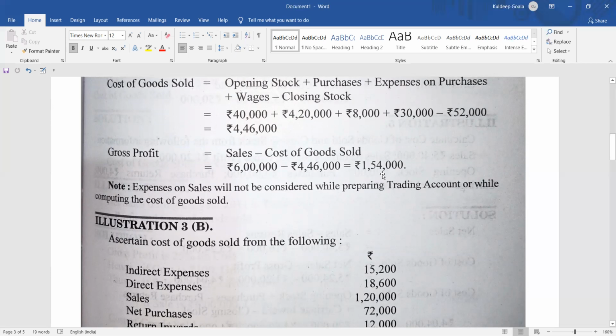This is nothing but gross profit. Clear? Now, you can see that an important note has been put up here, which I was already narrating earlier. That is, expense on sale will not be considered in the trading account because it is an indirect expense. It will go in the profit and loss account.